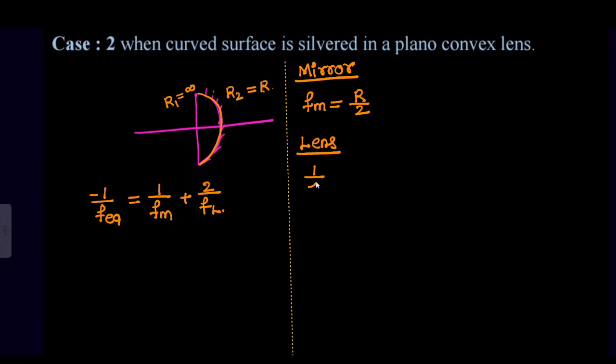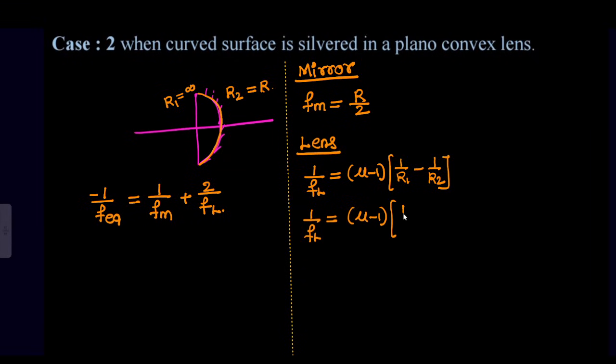So in the lens case, what is the formula? 1 by FL is equal to what? (Mu minus 1) into (1 by R1 minus 1 by R2). So how much is the R1 value? 1 by infinity, minus the R2 value.